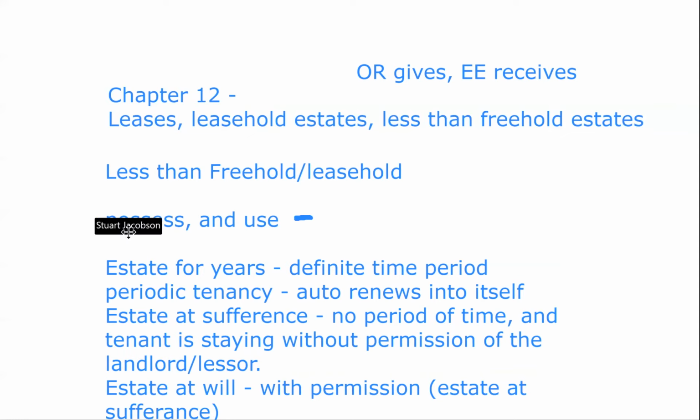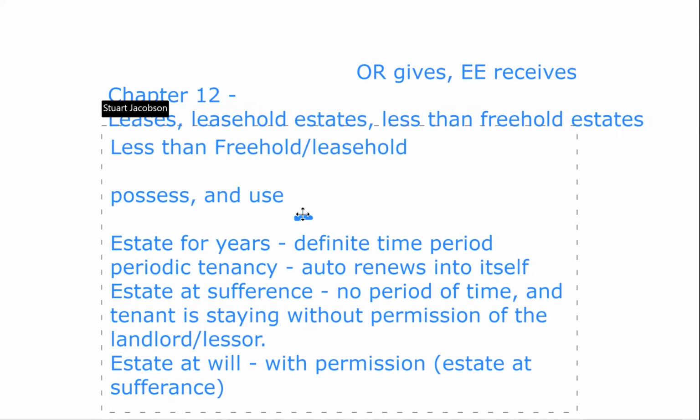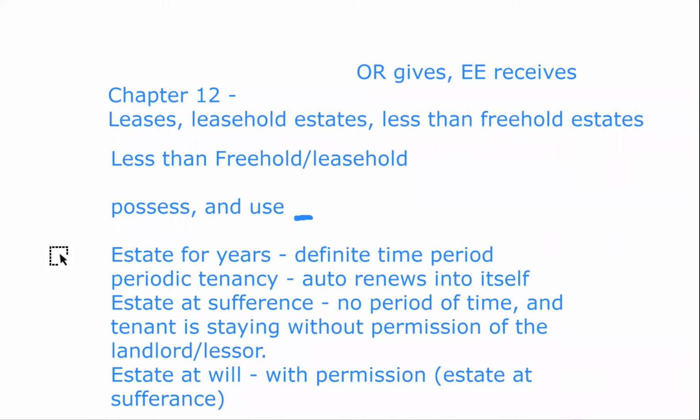It's a situation where the landlord is allowing the tenant to stay with no definitive time period. Because here's the thing. If there was a definitive time period, it would be an estate for years. Like if the landlord said, okay, you could stay till the end of July. That is a definitive time period. We have an estate for years.